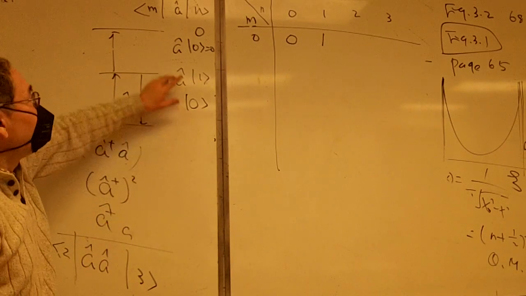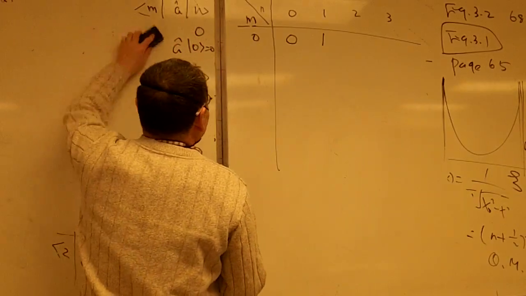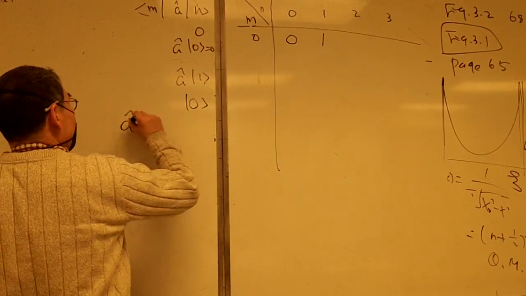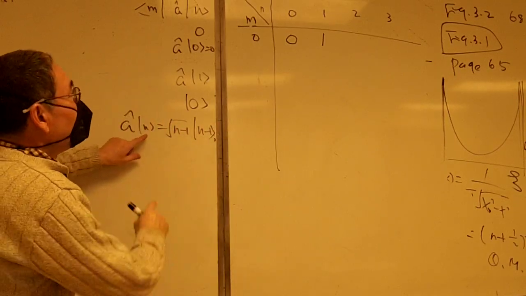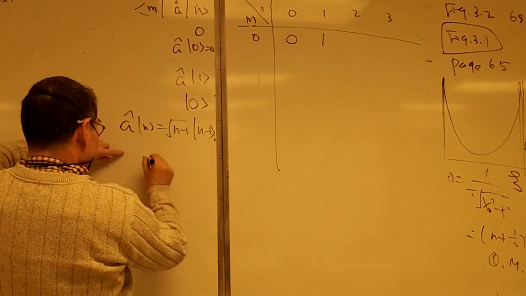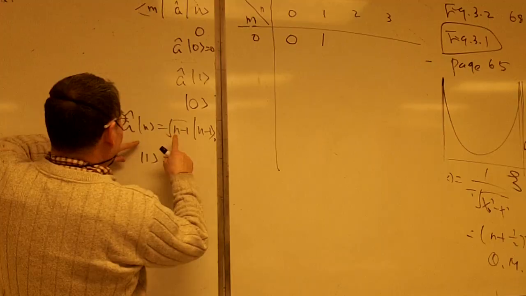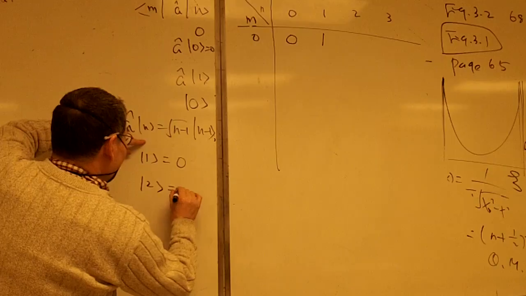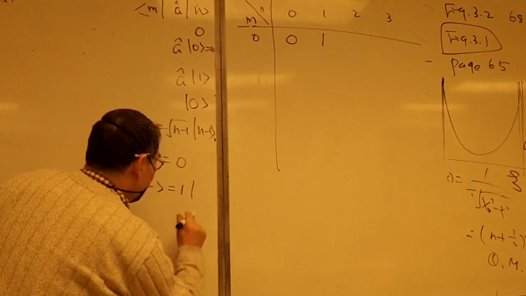I just want to show you in extreme detail. a on n gives square root of n times n minus 1. If n equals 0, this entire term equals 0. If n equals 1, this will be 1. If n equals 2, this will be square root of 2.